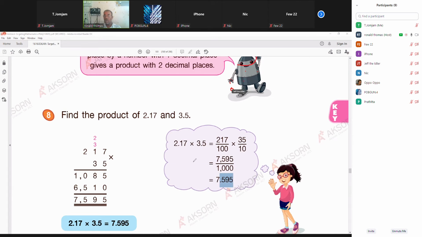0.17 multiplied, I'm going to do this. 2.17 multiplied by 3.5. 8, 10, 301.